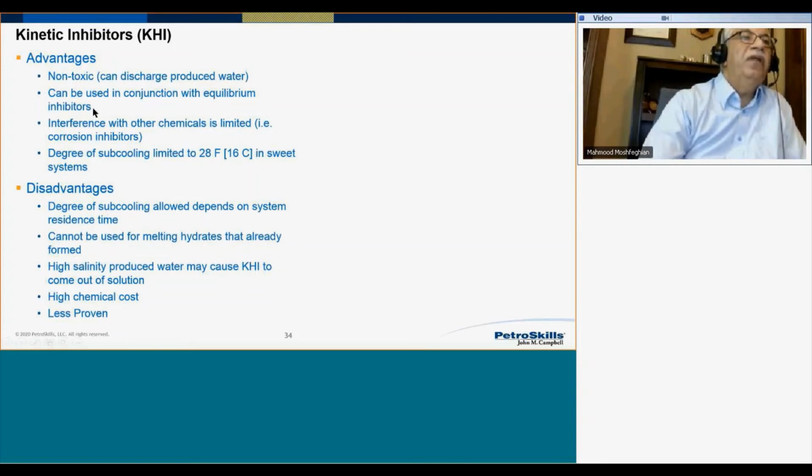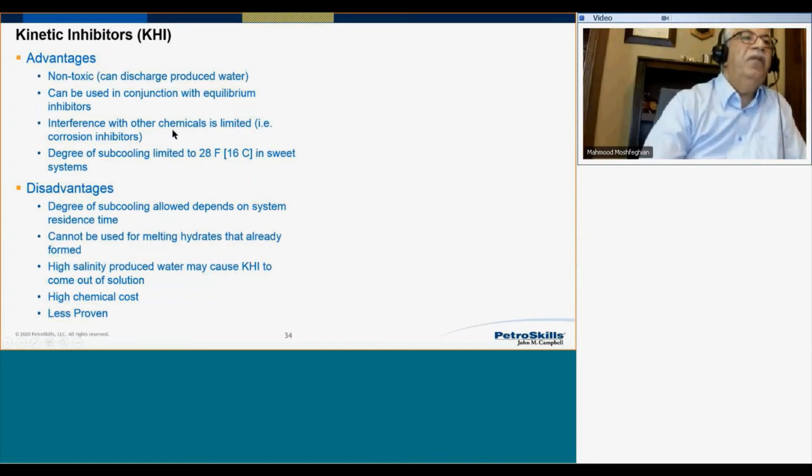I did a tip of the month based on the information we have through a published paper for an offshore subsea line, where the injection rate went down from 125 barrels per day to say 25 barrels per day when you combine kinetic inhibitor with the equilibrium inhibitor.